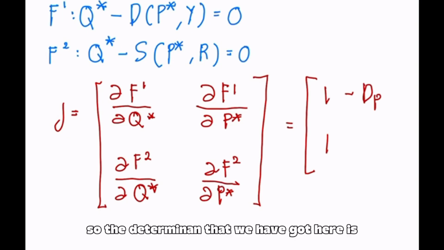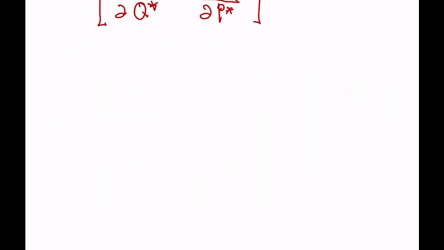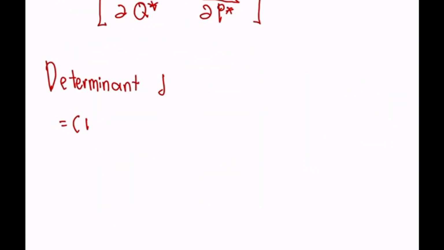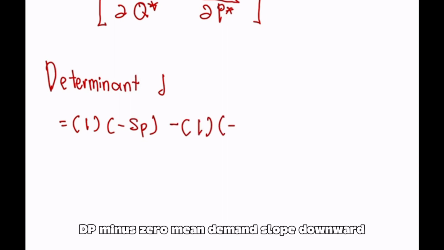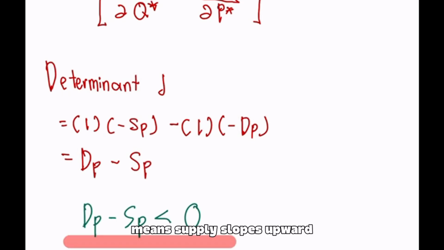The determinant that we have got here is D_P minus S_P. What is the economic interpretation of this determinant? D_P less than 0 means demand slopes downward. S_P more than 0 means supply slopes upward.